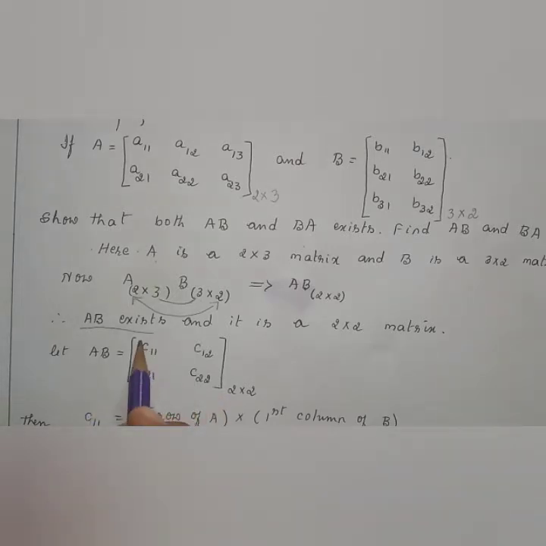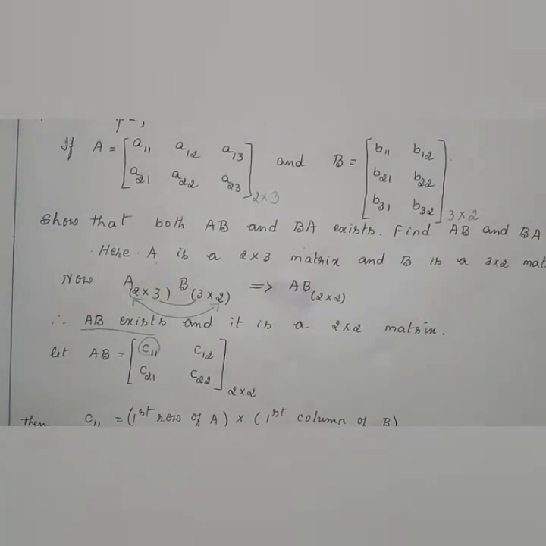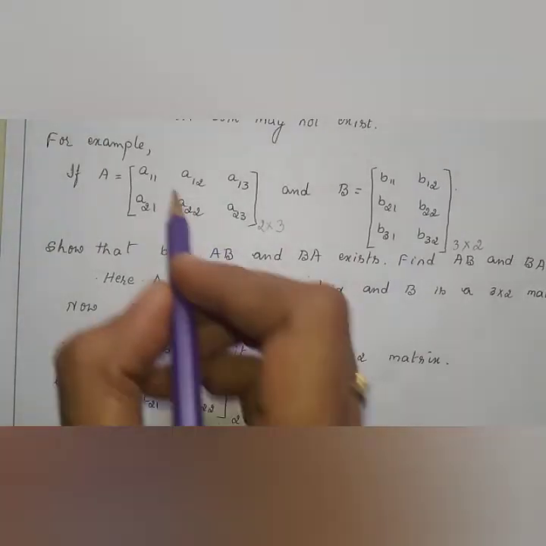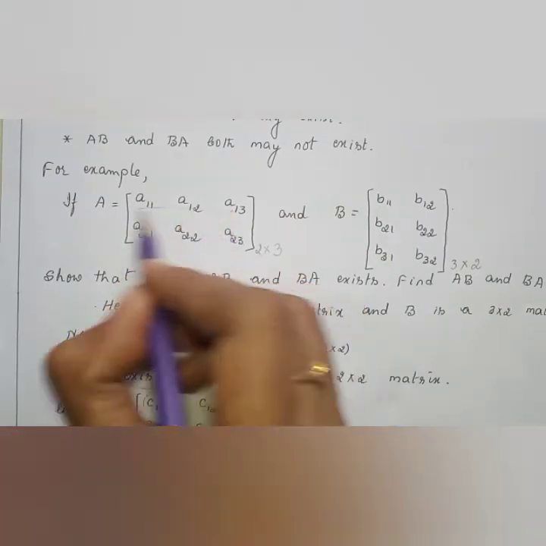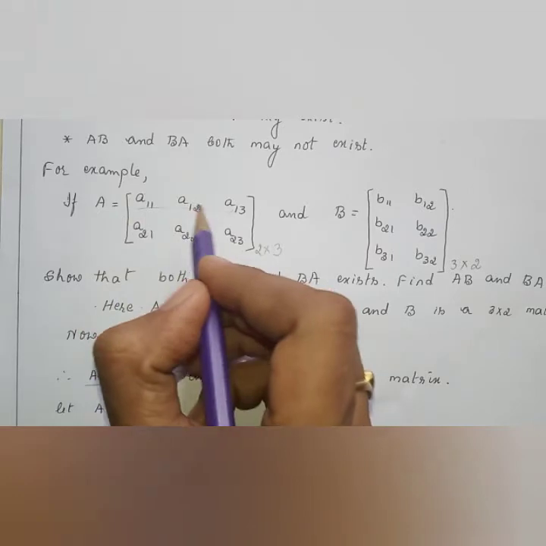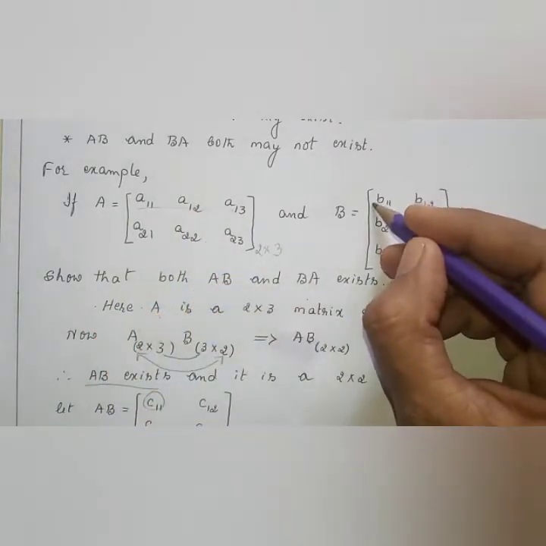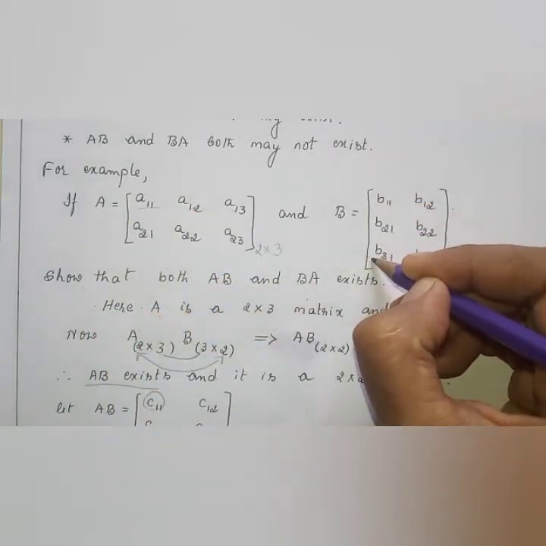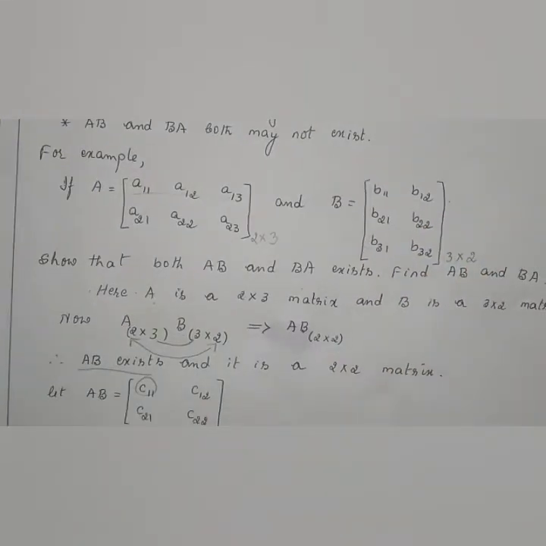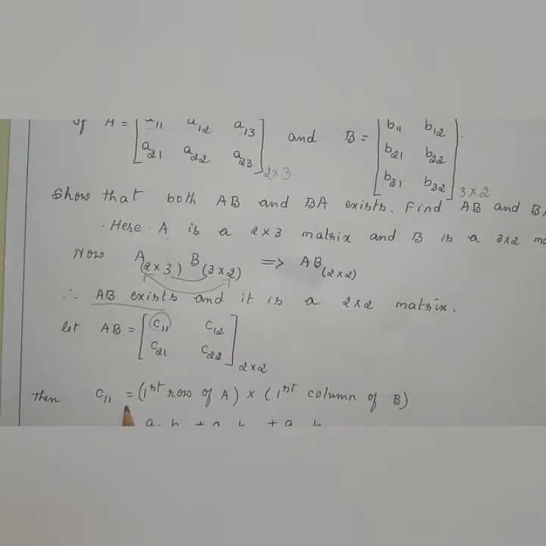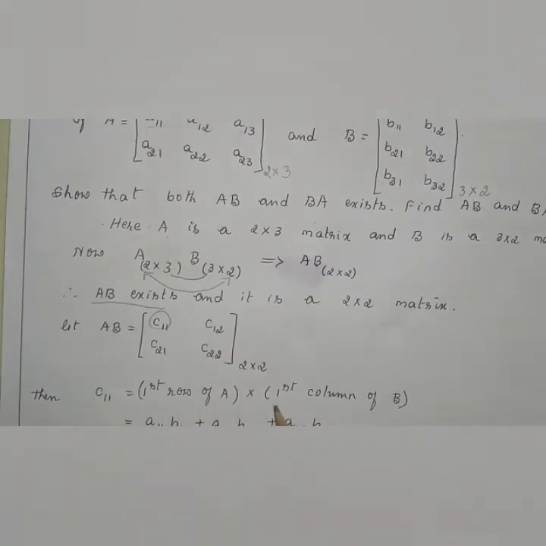The first entry C11 is obtained when the elements of the first row of A are multiplied with the elements of the first column of B. Thus, entry C11 is first row of A into first column of B.